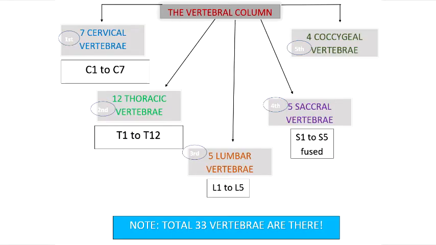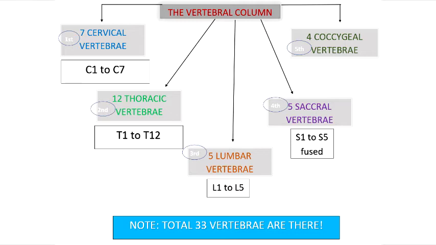So the total number of bones in the vertebral column is 33. 7 cervical vertebrae C1 to C7, 12 thoracic vertebrae T1 to T12, 5 lumbar vertebrae L1 to L5, 5 sacral vertebrae which are fused S1 to S5, and 4 coccygeal vertebrae.